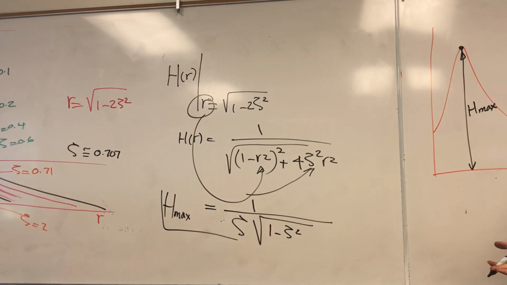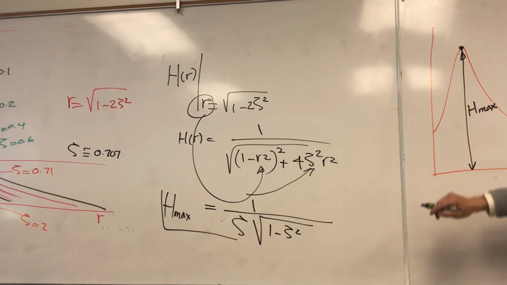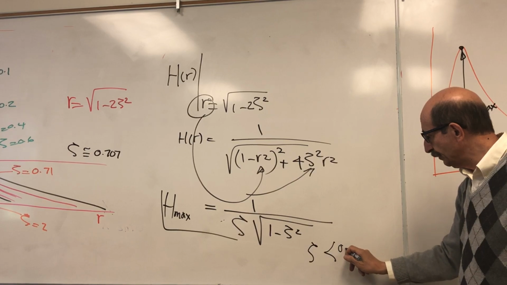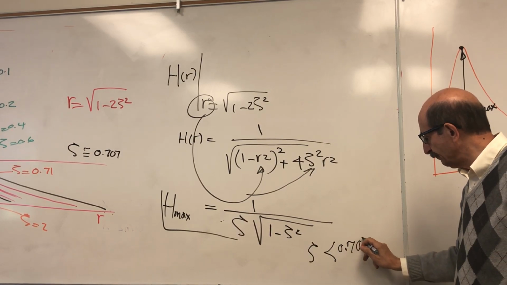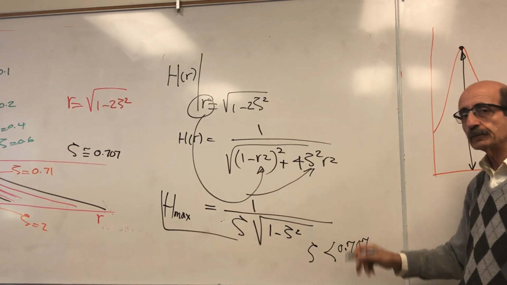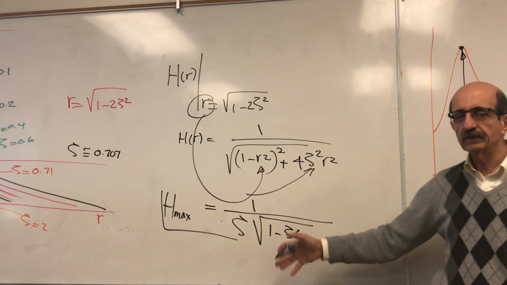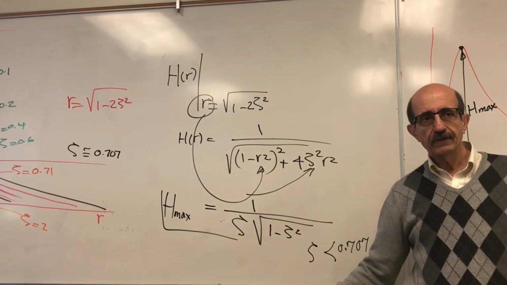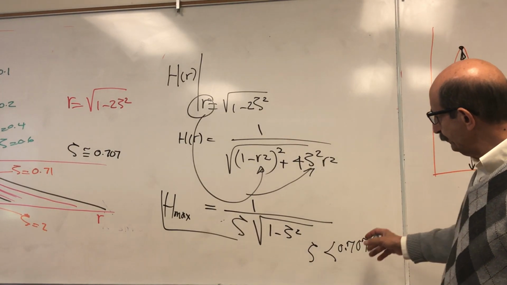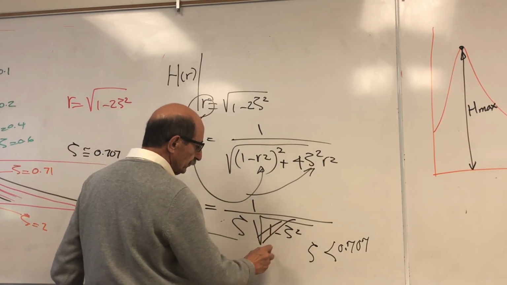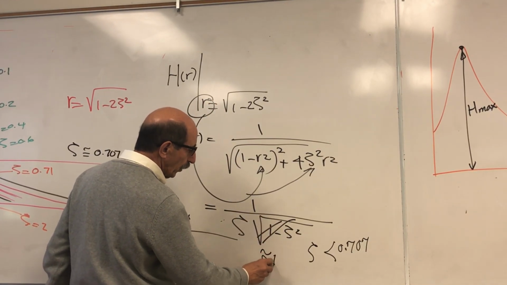Zeta is small. For all of these curves, we said that zeta is less than 0.707. So you square 0.7, what is that? 0.49, right? So 0.49 compared with 1 is small. So if this is smaller than 1, we can make the assumption this is almost equal to 1.